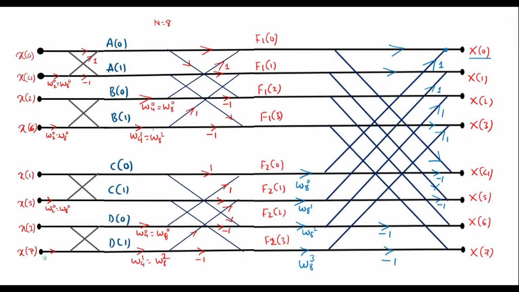And here it is W20, W80. B of 0 is x of 2 and x of 6. Similarly, B of 1 is x of 2, here it is minus 1. For C of 0, x of 1 and x of 5. For C of 1, it is x of 1 and x of 5. That is minus 1, this is plus 1. This is minus. This is the complete signal flow graph of the DIT-FFT algorithm.